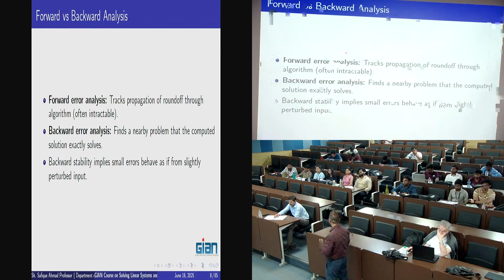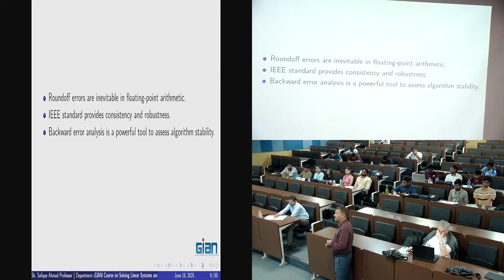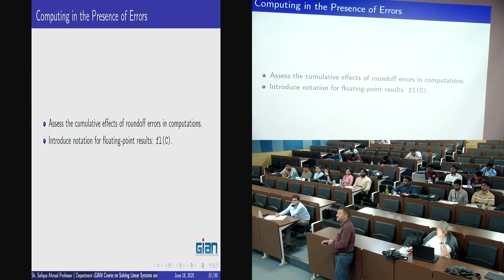Errors are inevitable in floating point arithmetic, and the IEEE standard provides how the computer represents numbers. Backward error analysis is a powerful tool to assess the cumulative effects of round-off errors in computation, and we introduce the notation for floating point results, like fl(C). So every time you are putting the floating point of C instead of C.